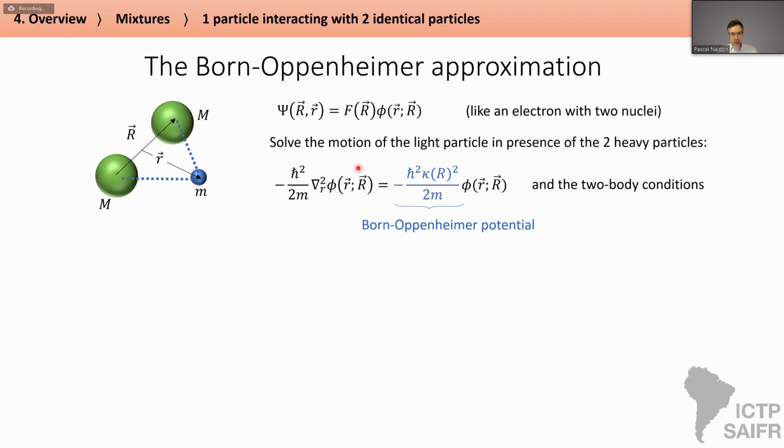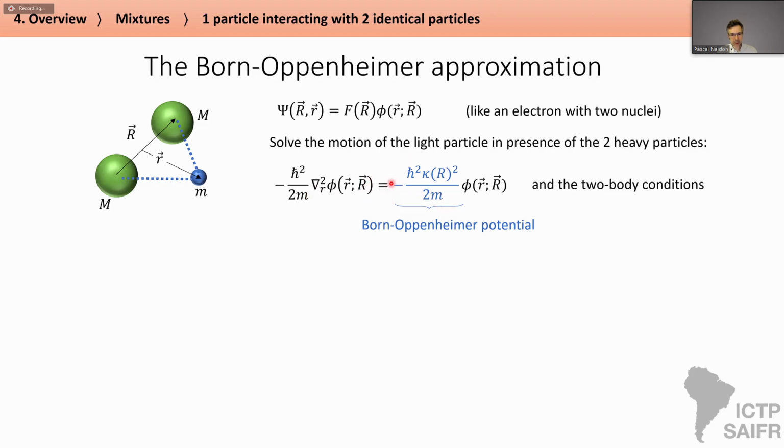So that means that we solve the Schrödinger equation. So in general, there would be the kinetic energy and then the interaction with these heavy particles, which are fixed at some particular position, with some separation capital R between these two heavy particles. And then solving the Schrödinger equation, we can get the energy of this light particle.